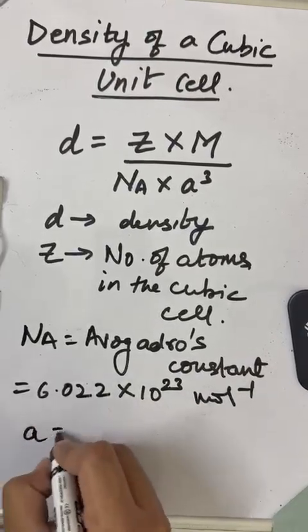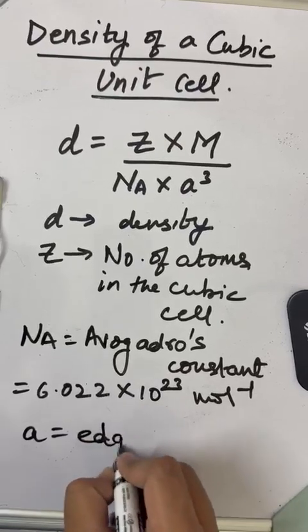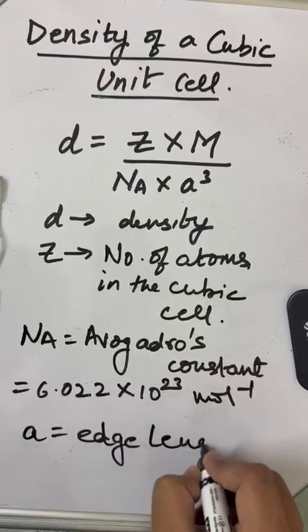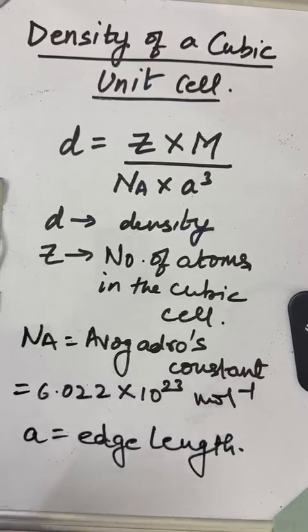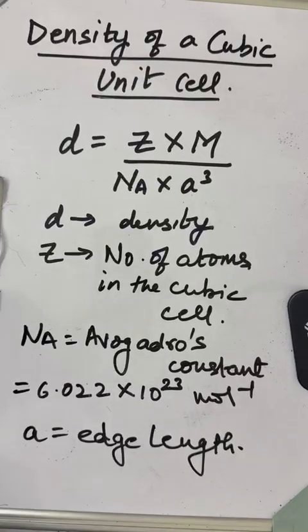And A is the edge length, which is different for each configuration. So this is what the formula is, and this is what each of the letters means.